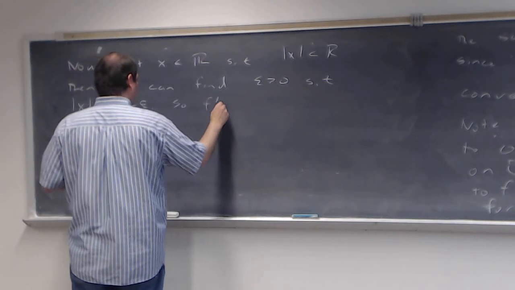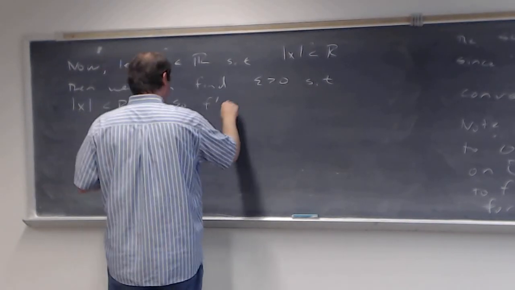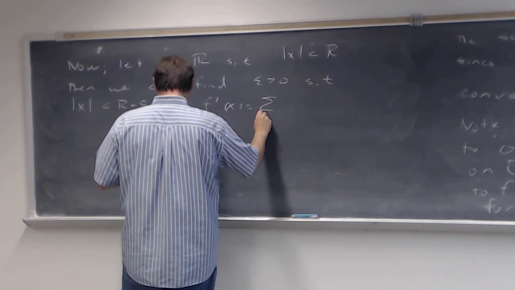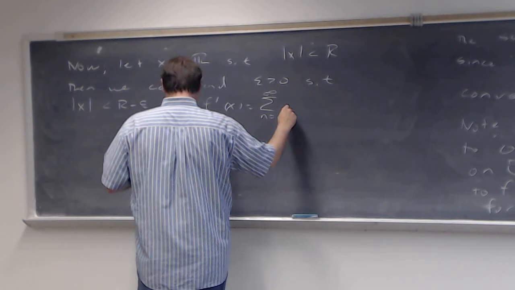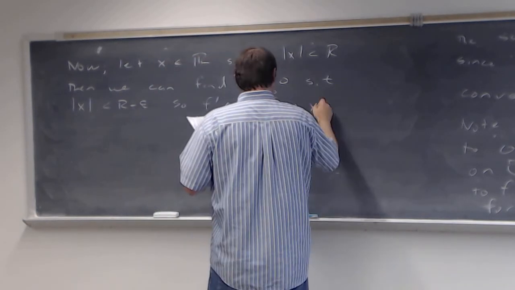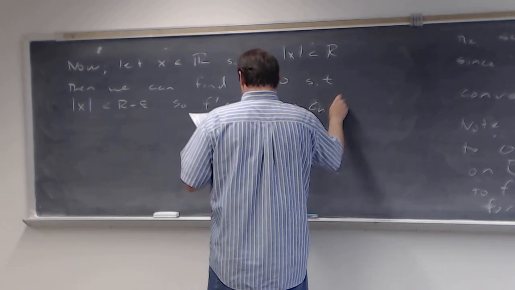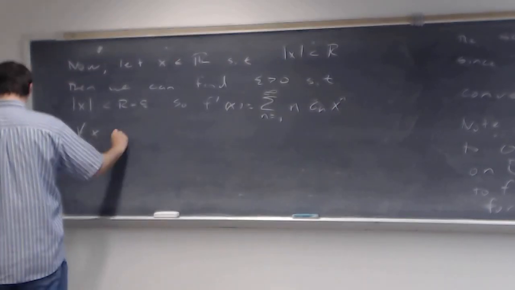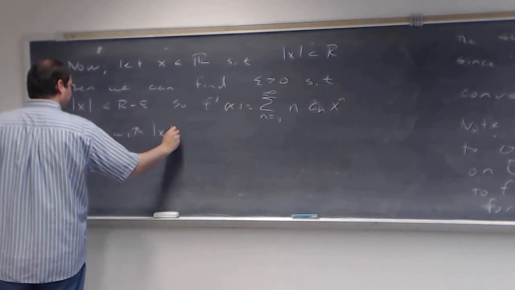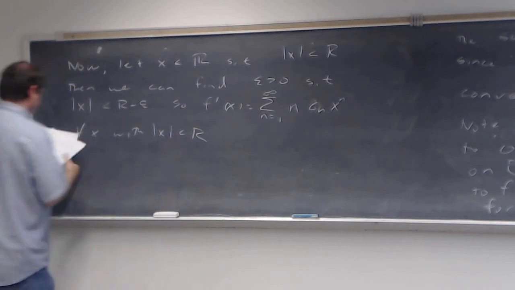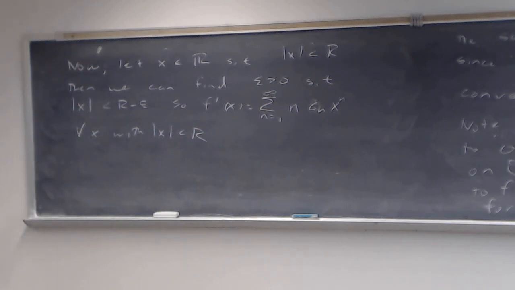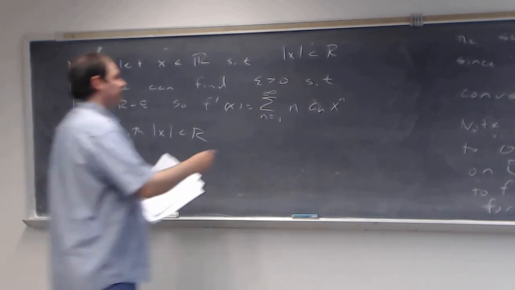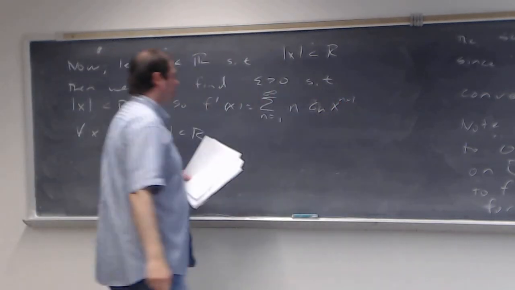So that says f prime of x is equal to the sum as n runs from 1 to infinity of n times c sub n x to the n minus 1, and that's true for all x with absolute value of x less than r. This should have been to the n minus 1.